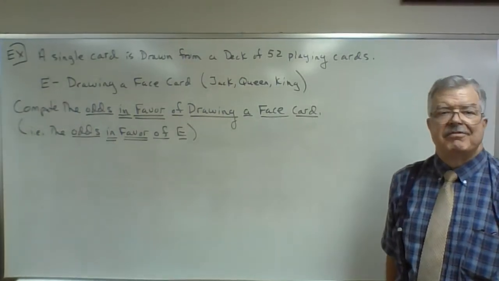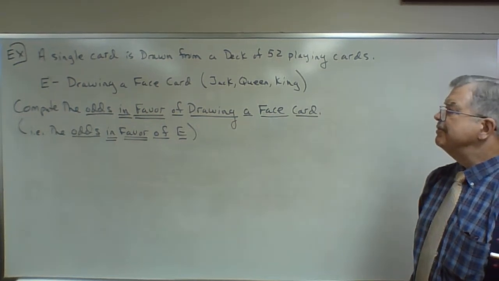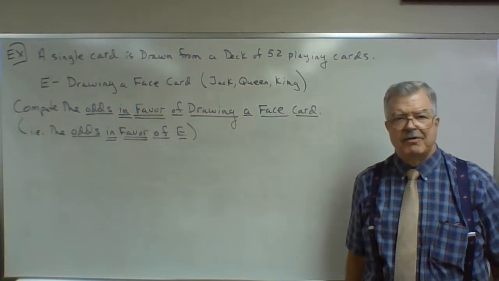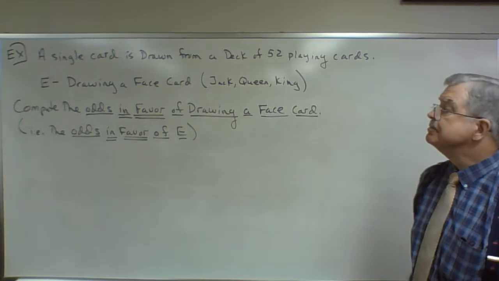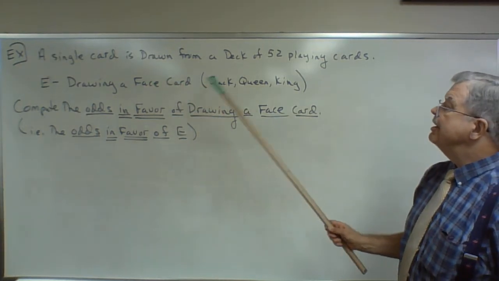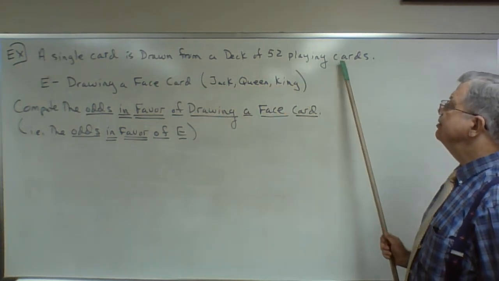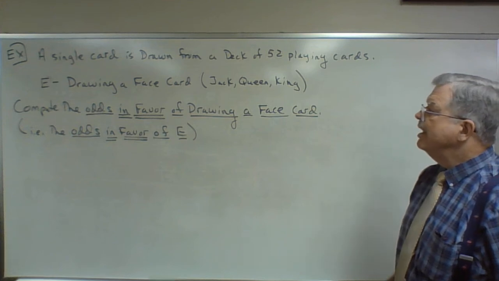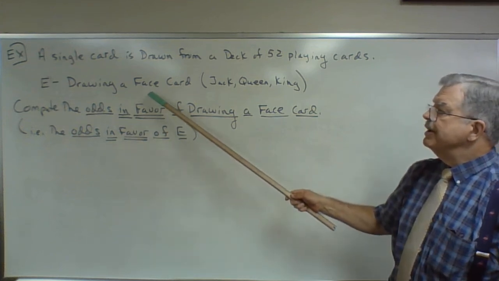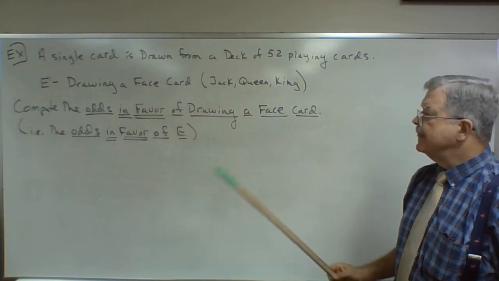Here's an example involving odds that's sort of different than what we've been working with so far. A single card is drawn from a deck of 52 playing cards. And the event that we're interested in is the event of drawing a face card.